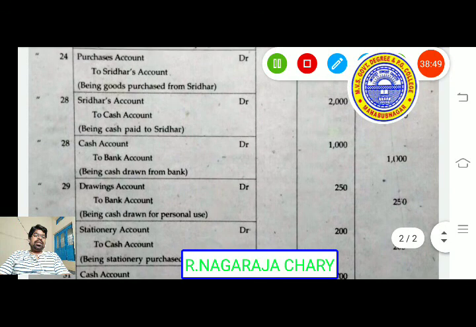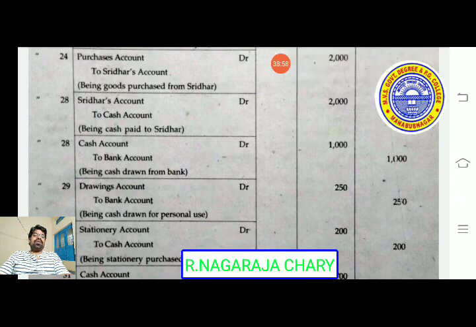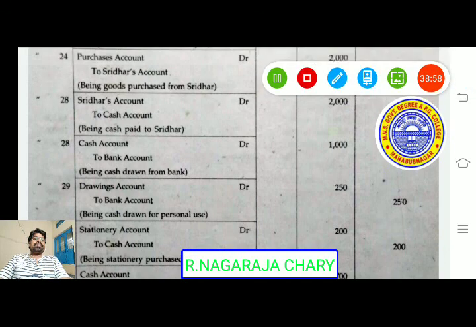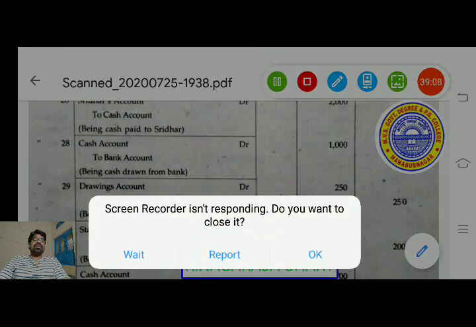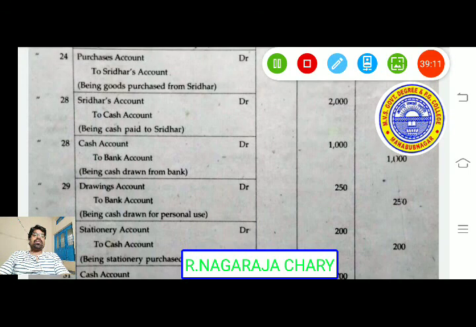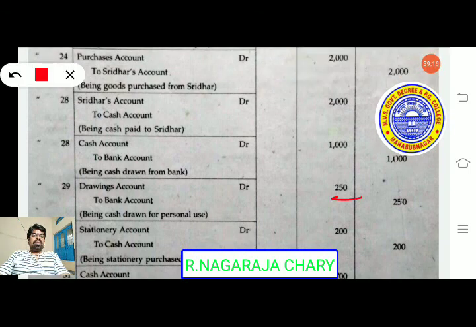You can observe in each and every transaction, both the aspects will be equal. 200 200, in the same sense 1000 1000, 2000 2000.